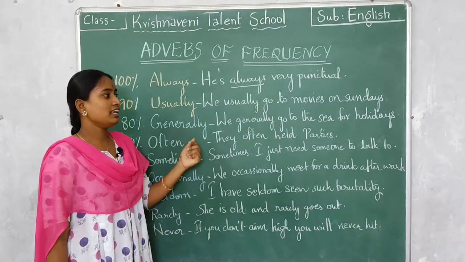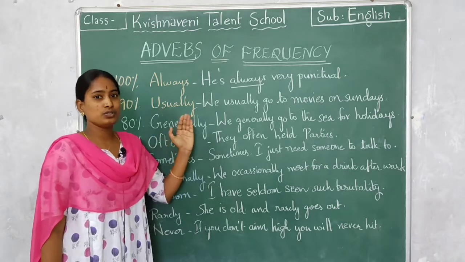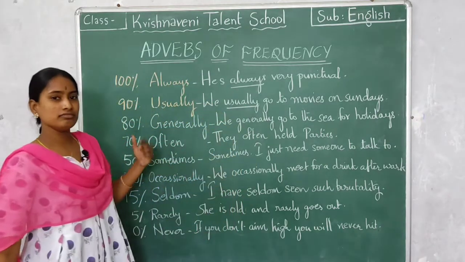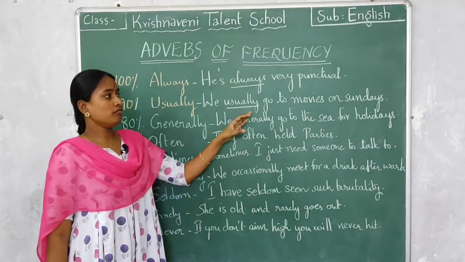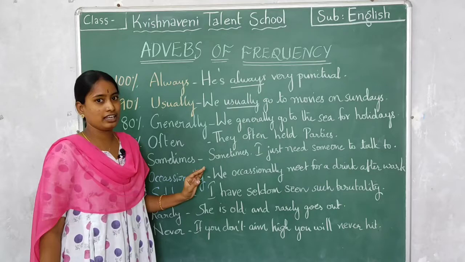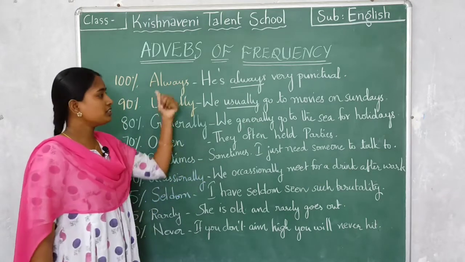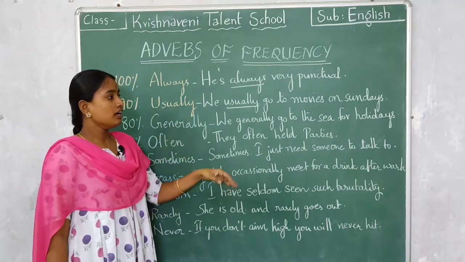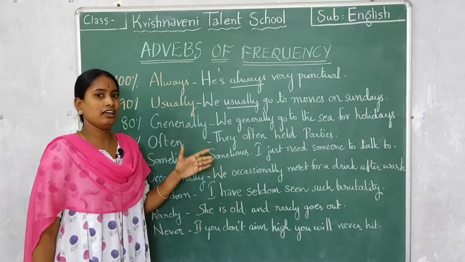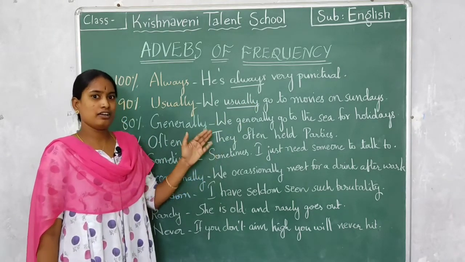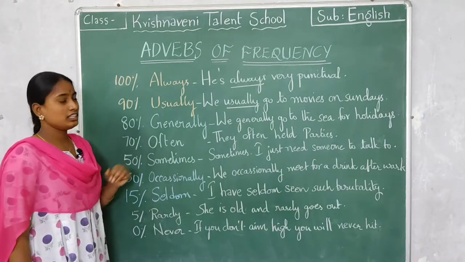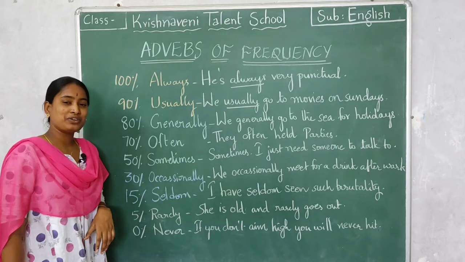So on every Sunday he goes for a movie, but not every day. If you do that action every day, we should use 100%. He is doing that action only once a week, every Sunday, so we have to use usually. It shows 90% frequency.